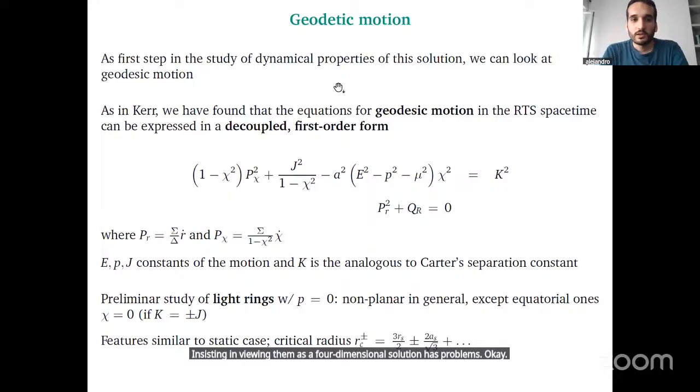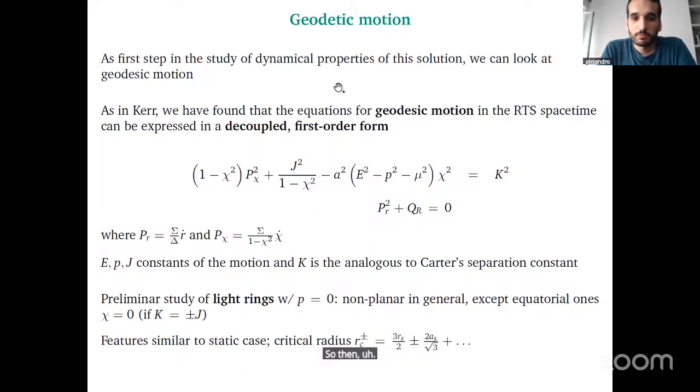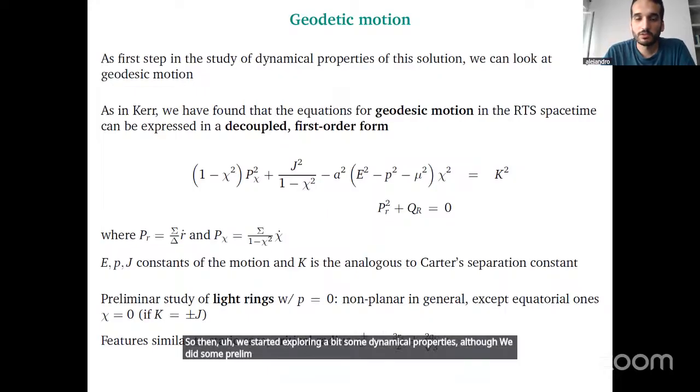So then we started exploring a bit some dynamical properties, although we did only preliminary studies. The first thing we looked at was the geodesic motion around these rotating topological star solutions.